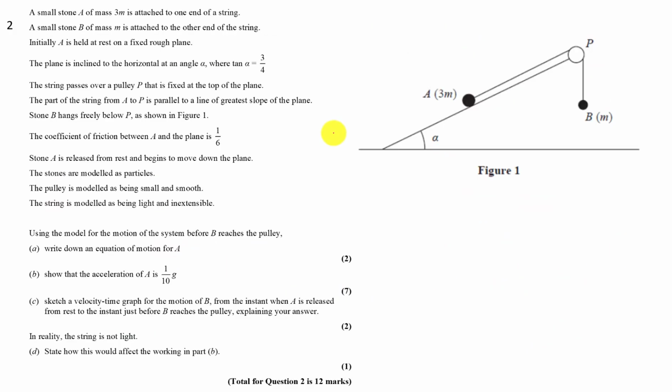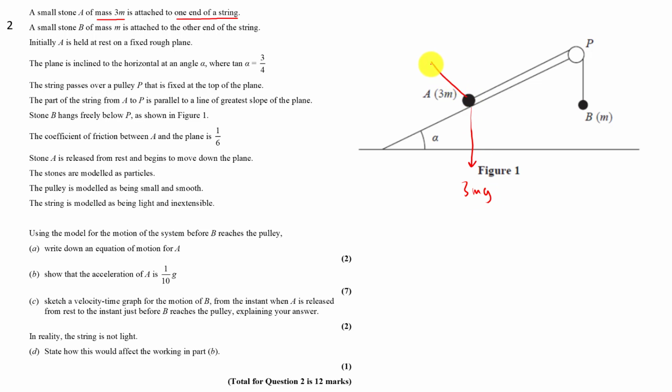Okay, so this is worth 12 marks, so it's easily worth more than a grade, just getting this right. A small stone A of mass 3m is attached to one end of a string. So let's label that. We're going to get 3mg down here.